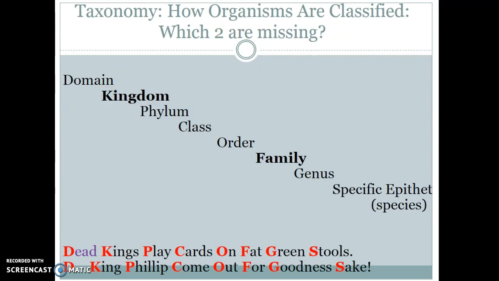Did you get kingdoms for A and family for B? Remember, our Dear King Philip come out for goodness sake, or Dead Kings play cards on fat green stools. Both of those are great memory aids.